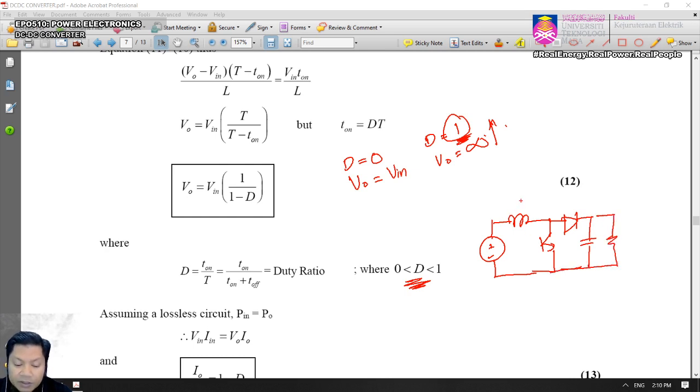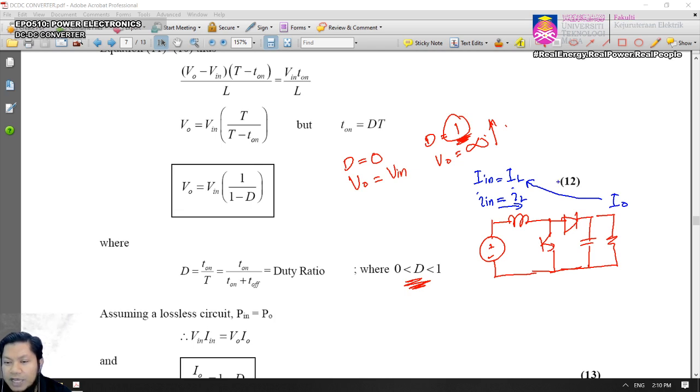Now your IL is at the input side, and small letter i in also equals IL. So if I take the average of the current, the capital letter I in also equals the average of IL. Because we want to relate I naught with IL.